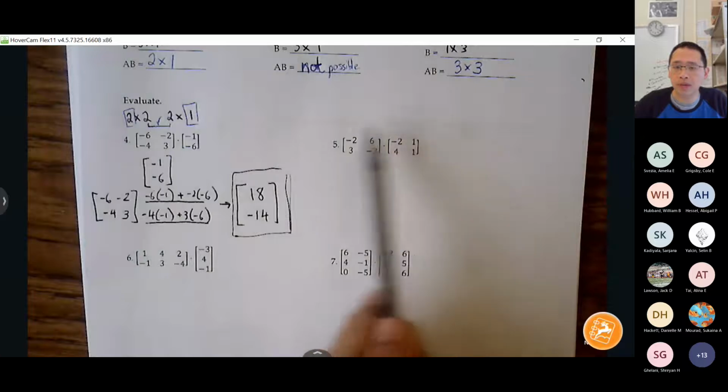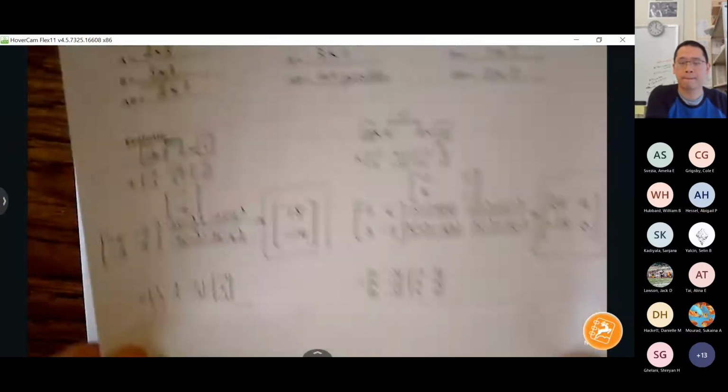Inner dimensions match. We're going to end up with a 2 by 2 matrix as well.